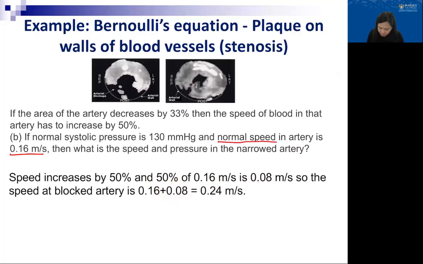In mathematical speak, increases by is a plus, and 50% means 50 divided by 100 of the original 0.16.